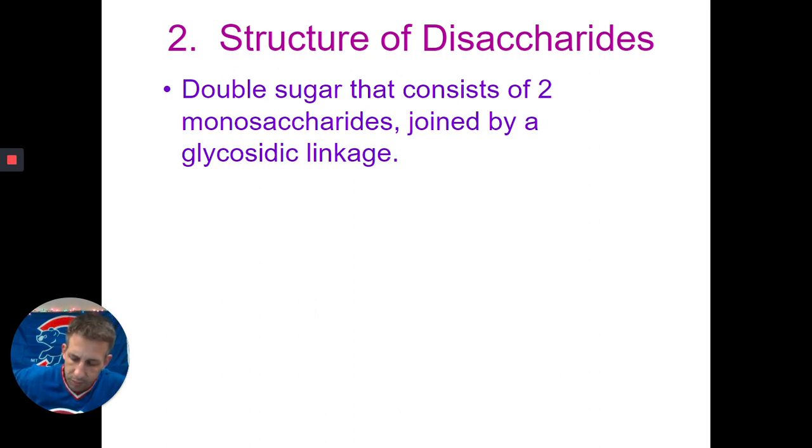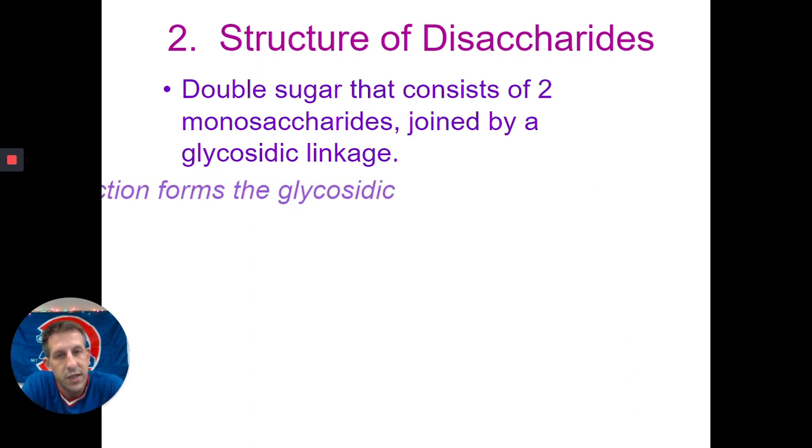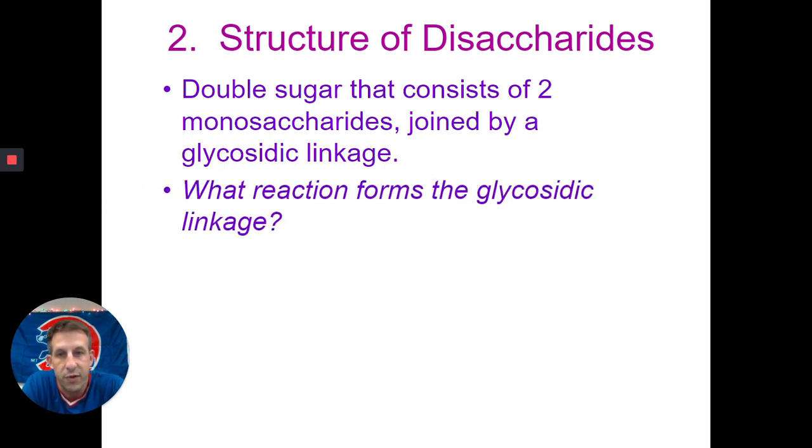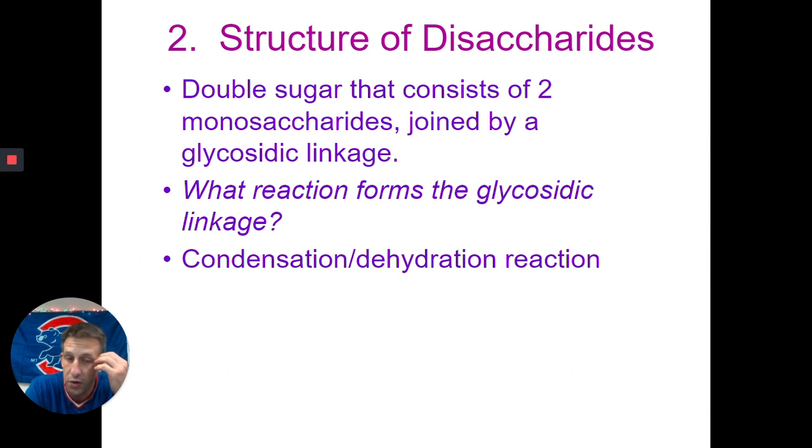And if you could take that very generic diagram that I shared in the PowerPoint video yesterday or the day before, you will notice that it looks almost just like the diagram that you see in front of you right now. You've got a monomer structure right here in glucose. You've got another monomer structure right here in glucose. And you want to join them together to make maltose, which is a disaccharide. You've got to perform a condensation reaction.